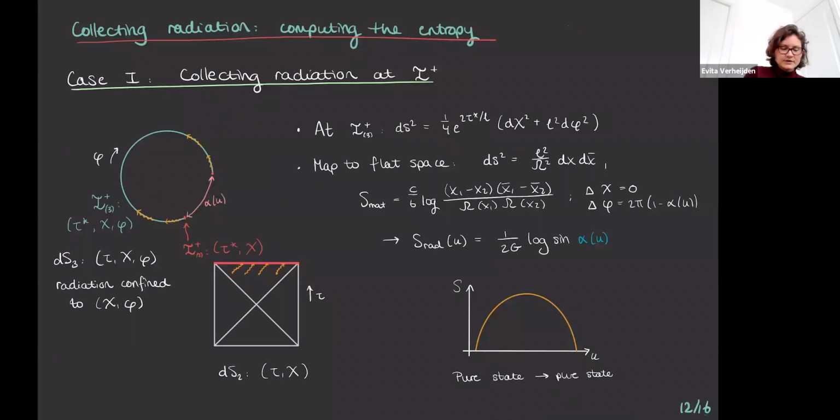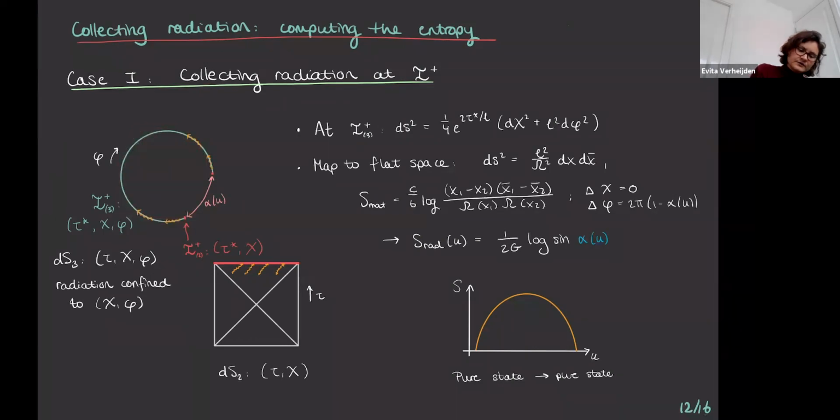And now the way that we're setting up this entropy computation is we're saying from the higher dimensional point of view, we think of this radiation as moving along this direction phi, remember the dynamical direction. And then the entropy computation that we have to do to compute the entropy of this radiation is an interval of this conformal matter in this region.